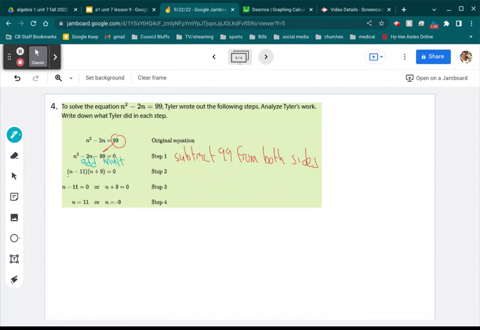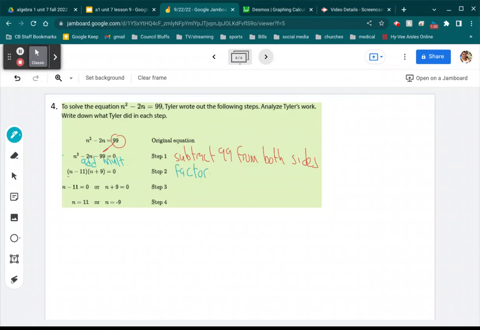And it looks like the numbers he got were -11 and +9. Does that work? Is -11 plus 9 equal to -2? Yes. Is -11 times 9 equal to -99? It is indeed. So he factored from step 1 to step 2. That is what he did.